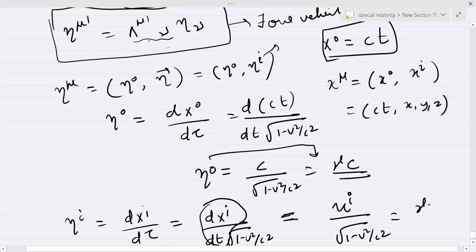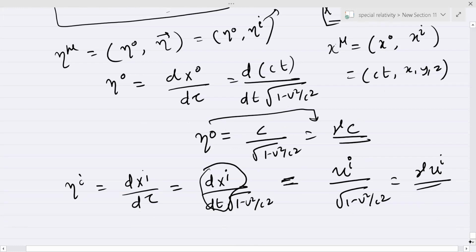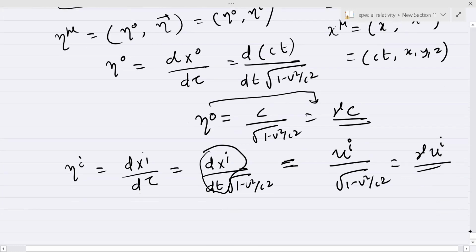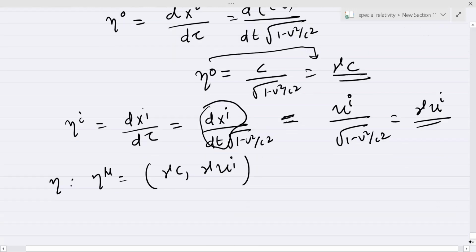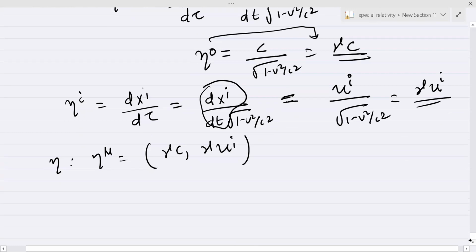You can write it as γu^i. This is just the usual velocity dx/dt, so it's related to the usual velocity by this γ. So we have η, the 4-vector, and its components are like this. η^0 is γc, and these are γu^i. Is this clear? Yes. Okay.